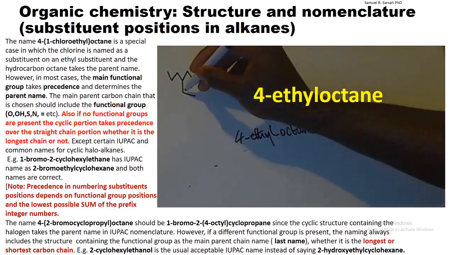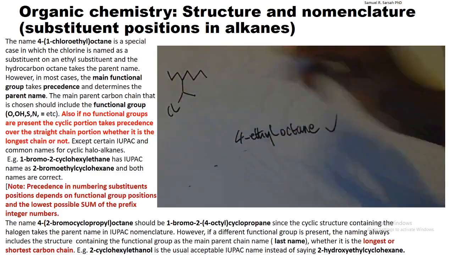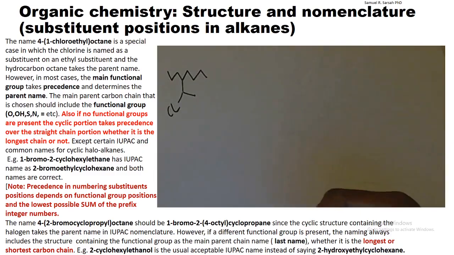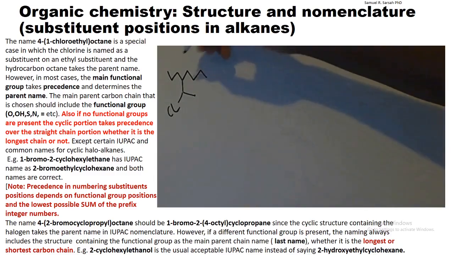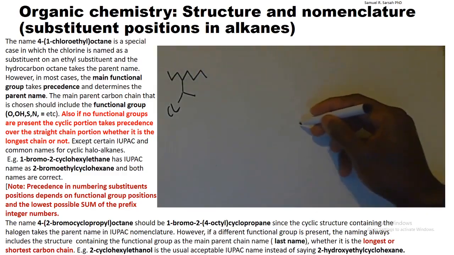Now I'm going to change this and put a substituent on a substituent. That can complicate the naming, but we can still name it. Okay. We have our octane as our parent chain, right?